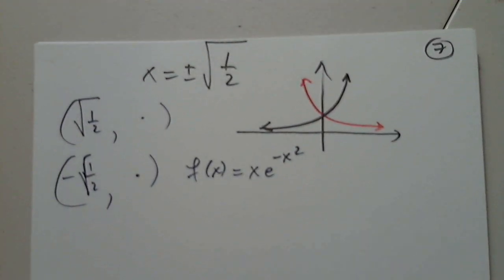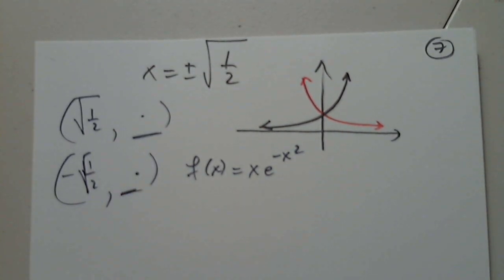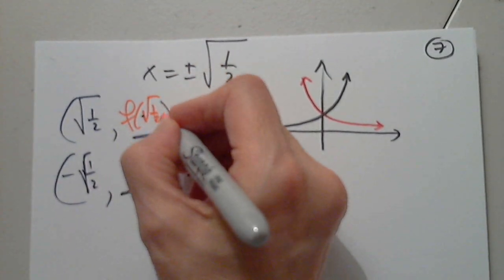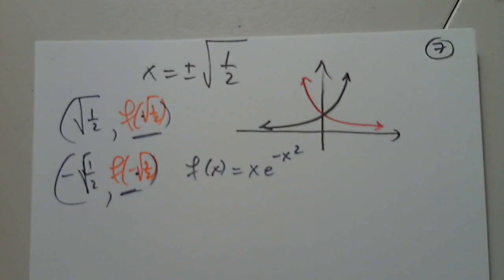When I have x values, how do I find the y value? You can plug in. Exactly. So I will have to determine f of the square root of 1/2 and f of negative the square root of 1/2. I'm going to plug this in the graphing calculator, of course.